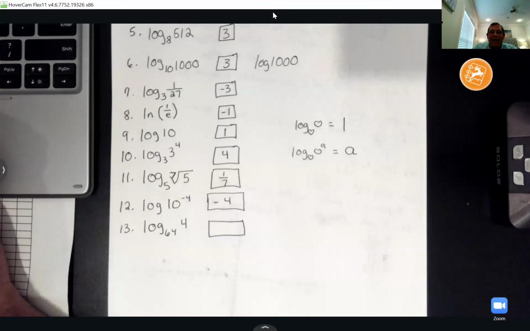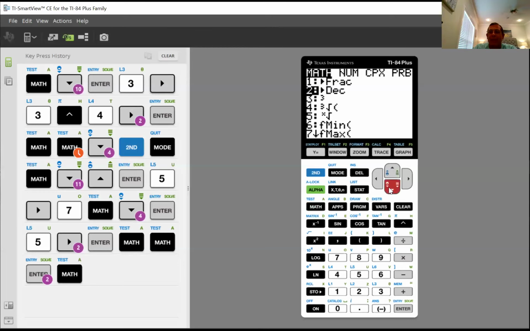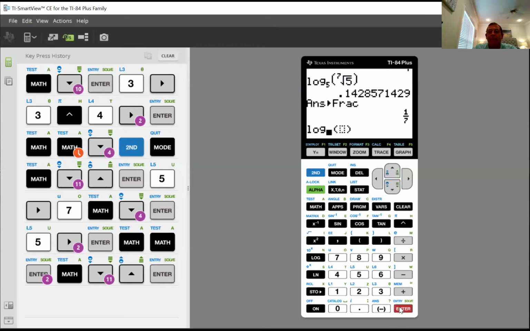All right, watch what I get, y'all. I'm gonna go to math, go down to log base, enter. I had a 64 for my base, but the result was a 4. And check this out. When I hit enter, I'm gonna get a decimal.